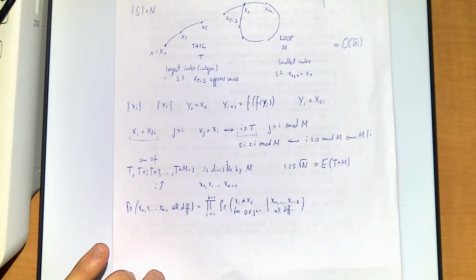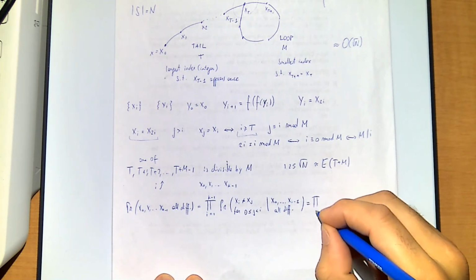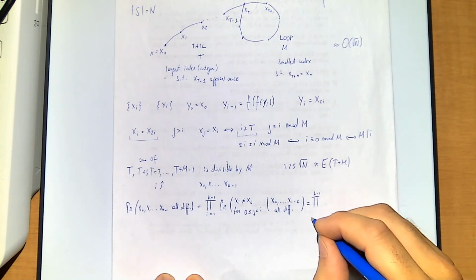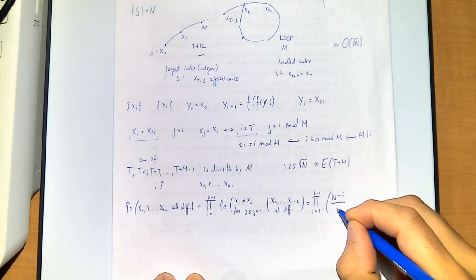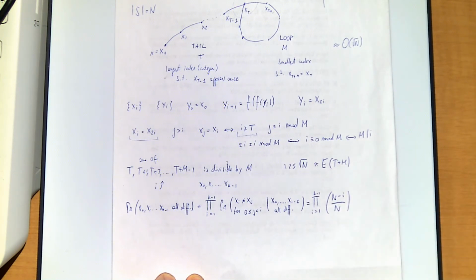Right? So this is not tremendously formal, but the idea is the following. I compute this as a product of probabilities, given that the previous ones are all different. What's the probability that the next one is different from all the previous ones? And then I take the product, but this is easy to compute. This is the product of exactly n minus i divided by n.